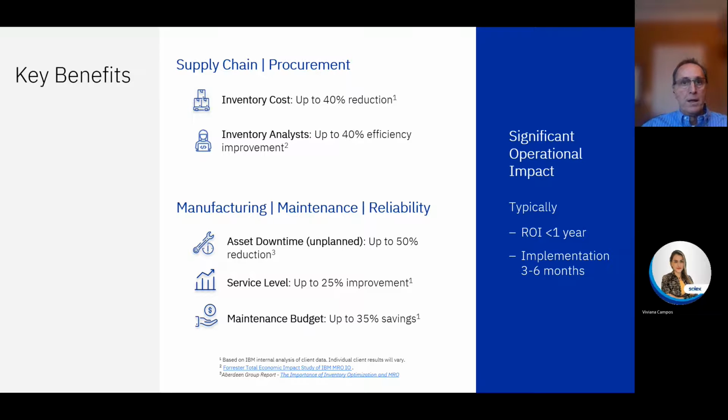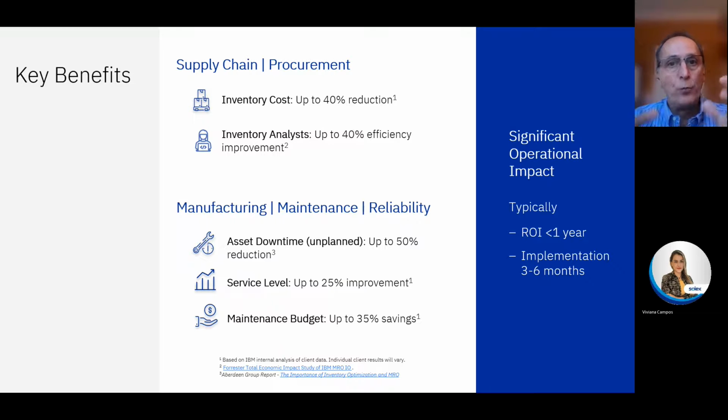Service levels. That's the ability for supply chain to supply parts to maintenance so they can perform their maintenance activity. If we can improve service levels by 25%, there's a huge benefit to the organization to keep the asset up and running. And the last one here is maintenance budgets. We have seen with some of our customers, they've been able to reduce their maintenance budget up to 35%. Now, the idea here, you think about it, these savings, they're cash improvements.